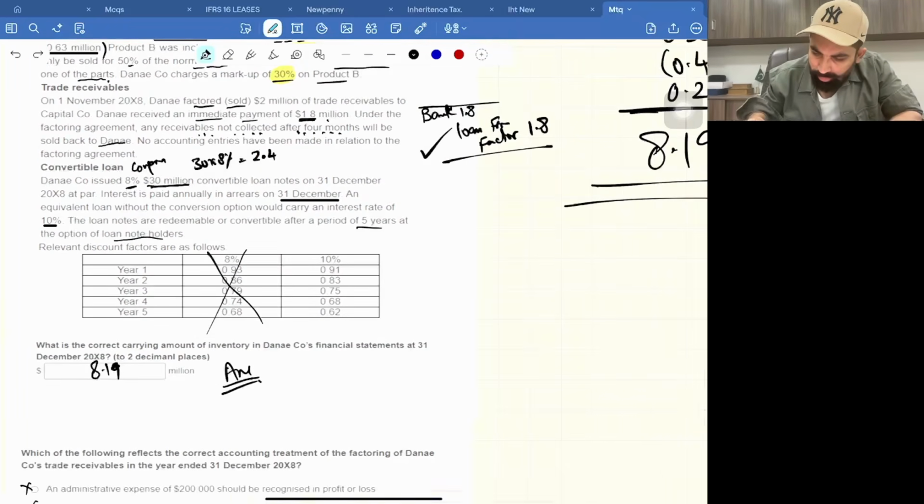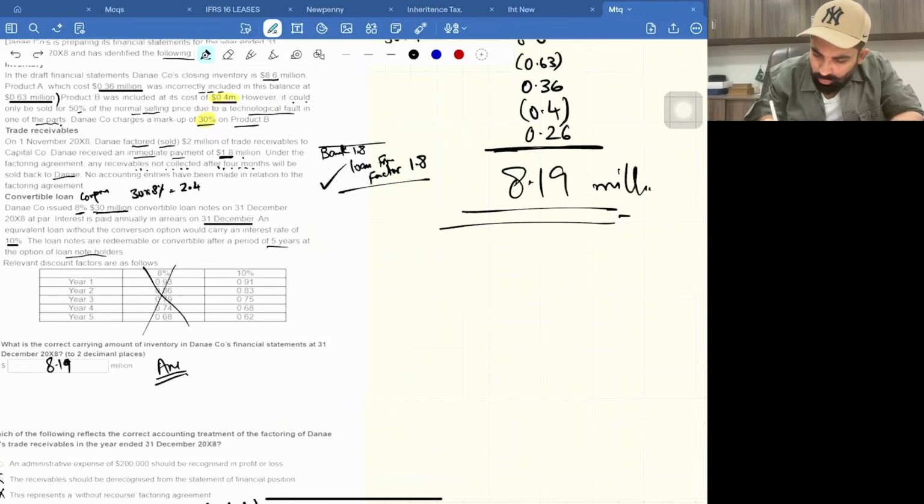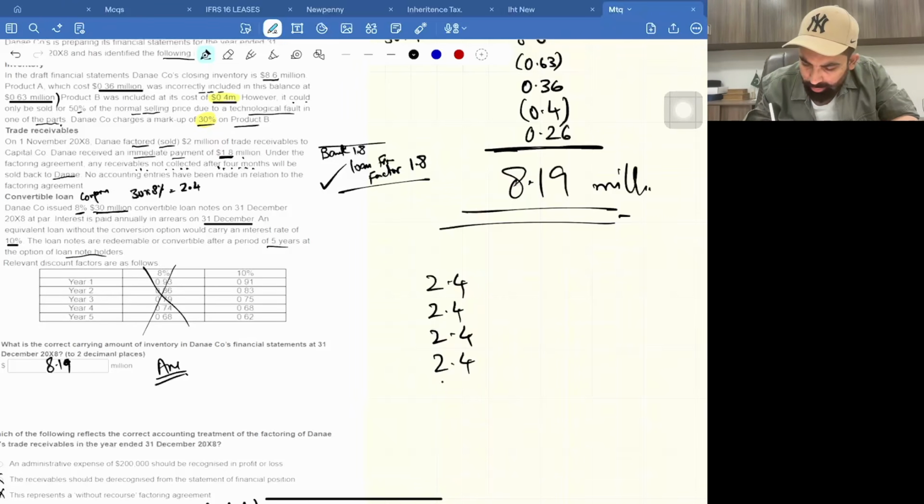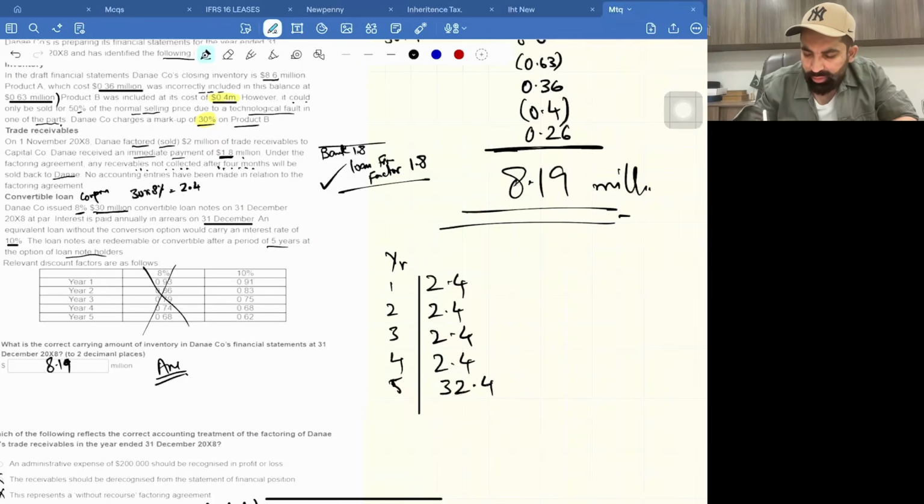So how are you going to do it? It's going to be 2.4, 2.4, and 32.4, because at year 5 you will have principal plus interest. Now these are the cash flows. You will multiply them by the discount factor.